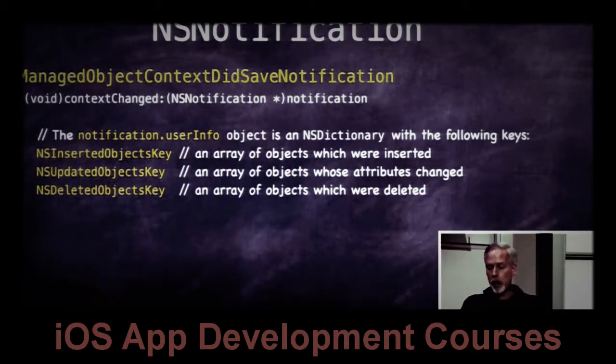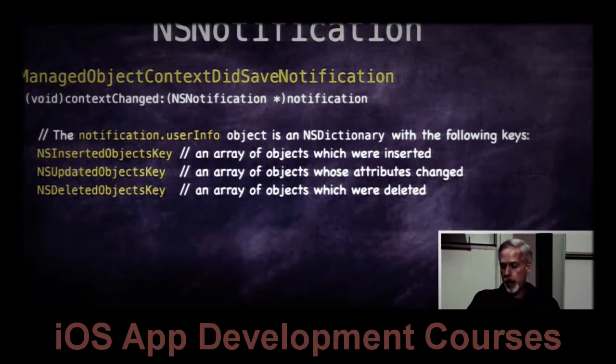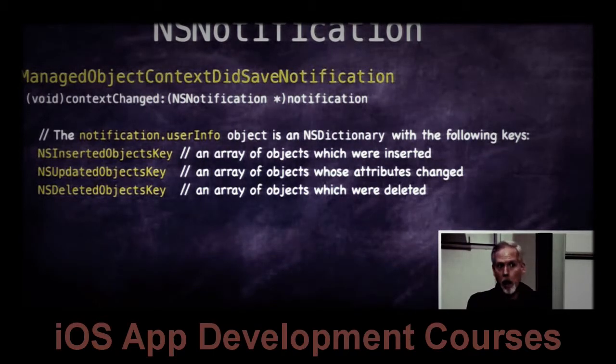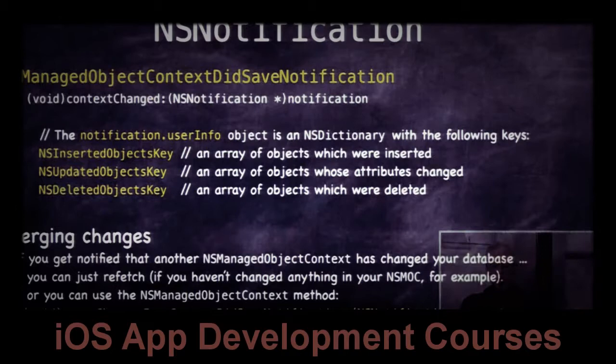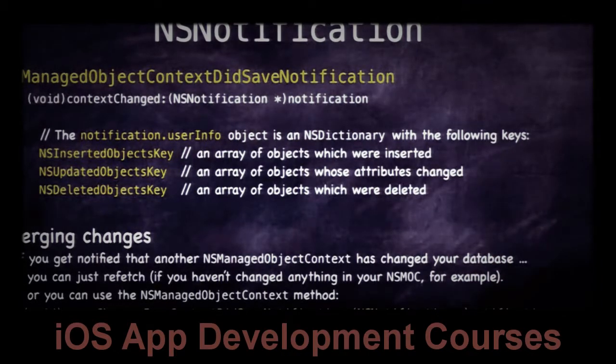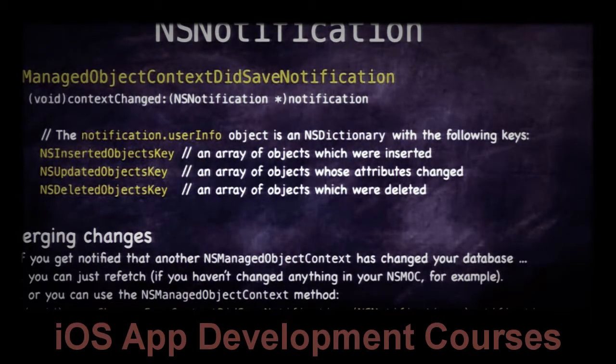But actually, this context-did-save notification gives you a dictionary in its userInfo with three arrays that list all the objects that changed. You can merge those changes into your context using the NSManagedObjectContext method mergeChangesFromContextDidSaveNotification. You just give it the notification and it'll automatically merge all those changes into your context, which is pretty cool.